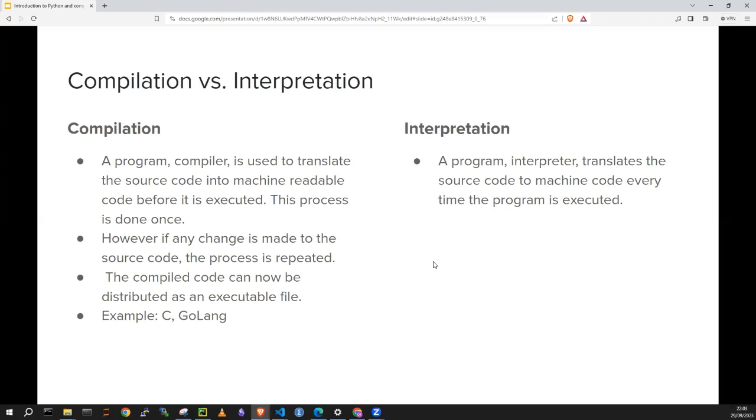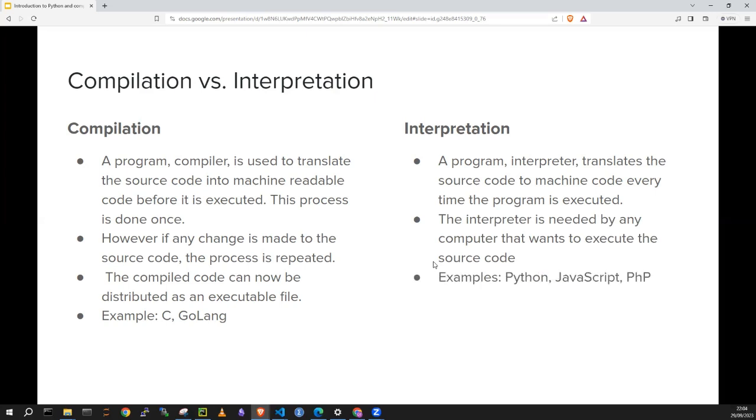In compilation, the error gets thrown up when you compile. So it says, oh, there's a problem here, we can't execute this code. You have to fix it, then we recompile again. Not the case with interpretation. You just run directly. If it causes a problem, you fix it. So the interpreter is needed by any computer that wants to execute the source code, okay? Which is different from the compiler, where you just have an executable. And examples of this are Python, JavaScript, and PHP.